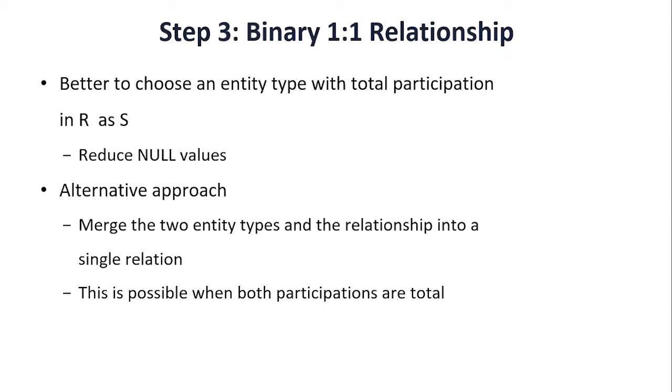That means each and every record in S has a single corresponding record in T. So that means we can have all the values of T as part of S by merging them together. So we don't need to have another table T. So again, remember that is only possible when both entity sets have total participation.